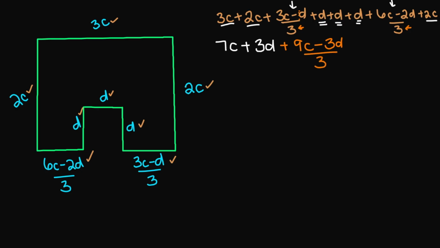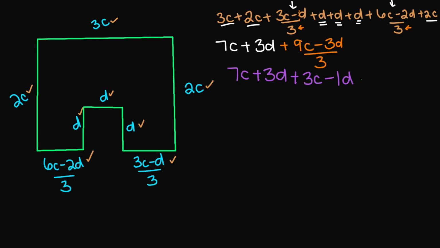Remember, your denominators are the same, so yes, you can combine your numerators. So we have 7c plus 3d here, plus 3 goes into 9 three times, so this is going to be 3c, and 3 goes into 3 one time, so this is going to be negative 1d.